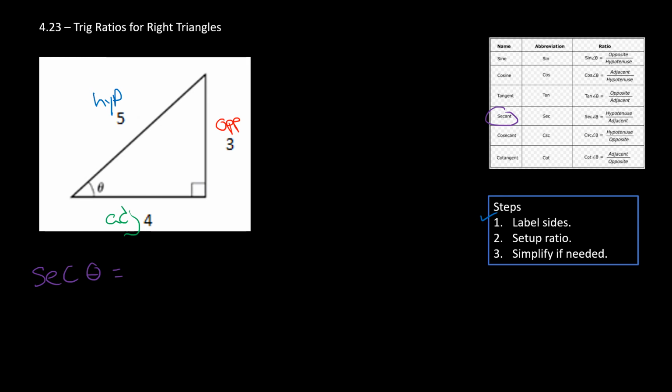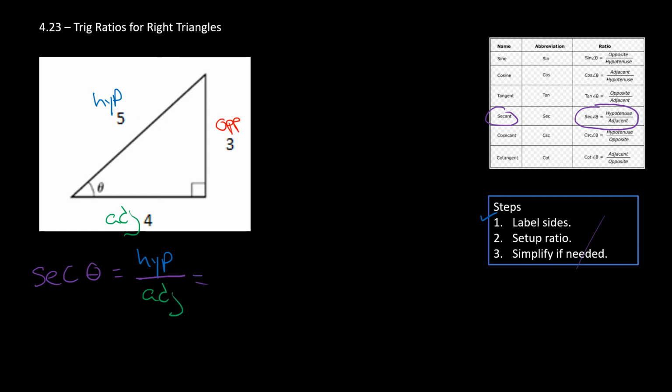So secant theta is going to be indicated here at hypotenuse over adjacent. So we're going to take hypotenuse over adjacent.